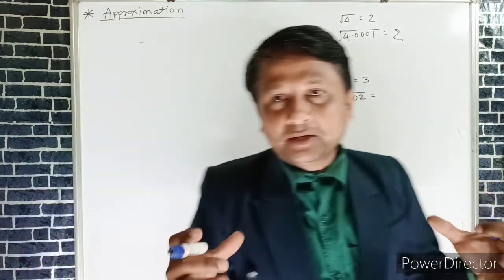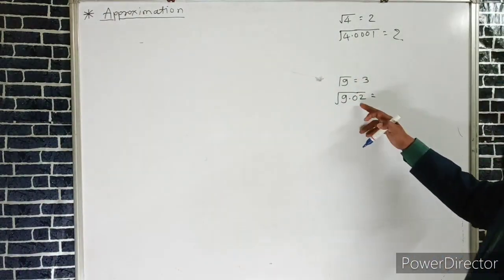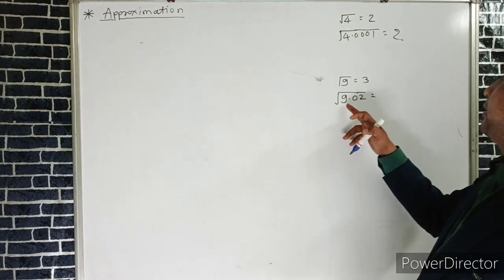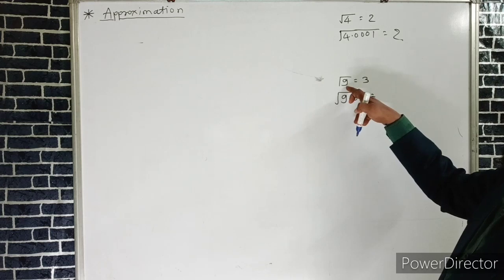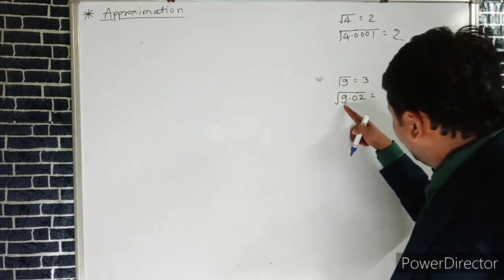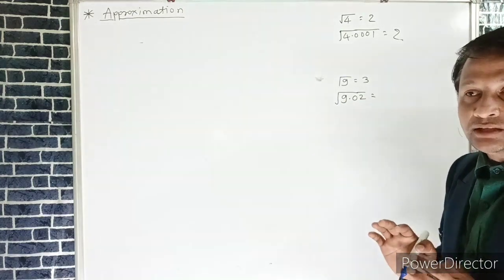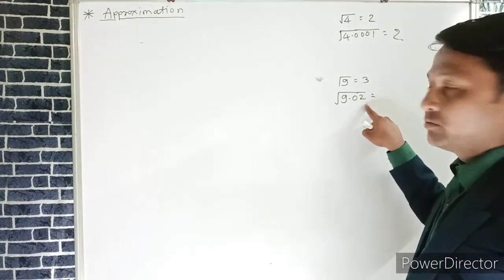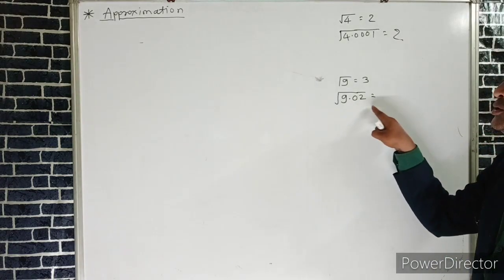Approximate means nearer value. Here we can't find the exact square root of 9.02. The square root of 9 is 3, but we can't find the exact value of 9.02. Hence, here we have to find the approximate value of square root of 9.02.